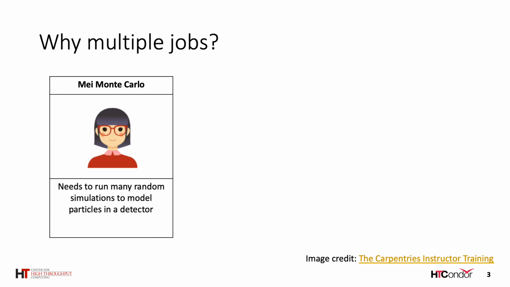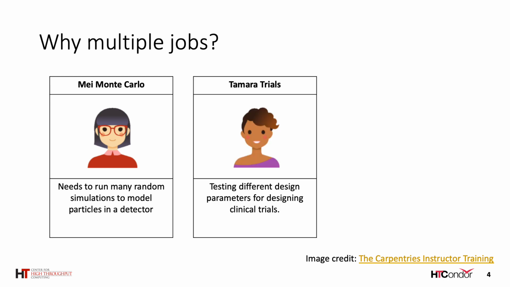The first one is May Monte Carlo, and she's running particle simulations, and she needs to run many of them, and they're essentially randomized. We have Tamara Trials.